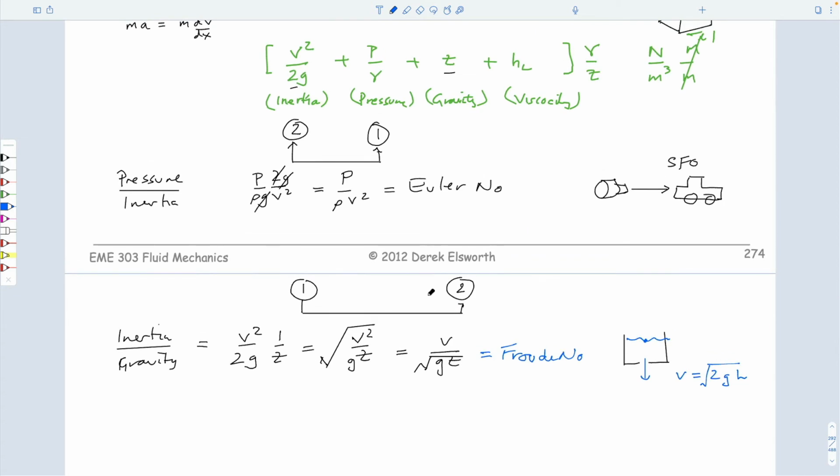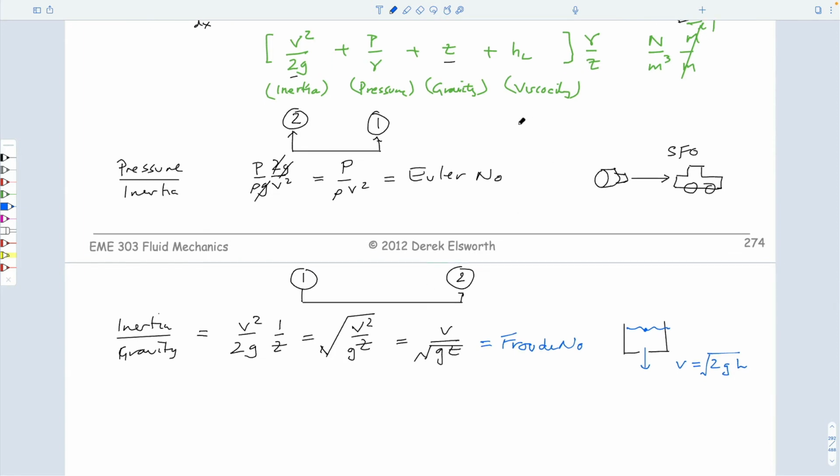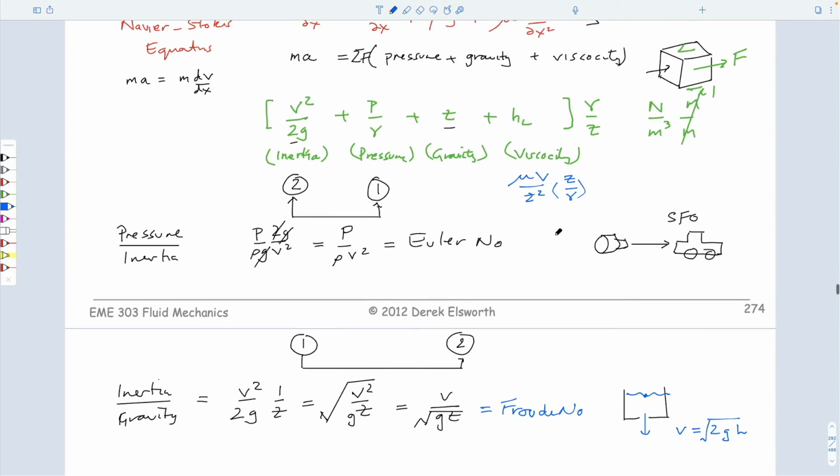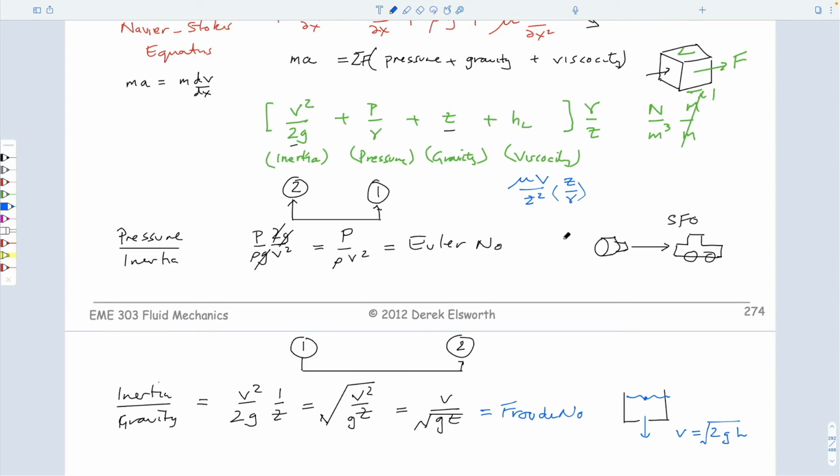And so that's a bit more challenging for us. I'll just write this in, this term here is mu v over z squared. So don't ask where this comes from. Z over gamma. Actually, you know where it comes from. Did I mean z over gamma?